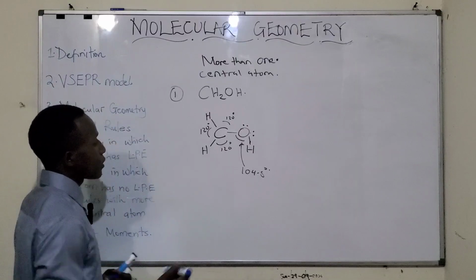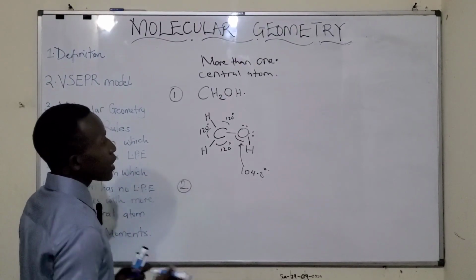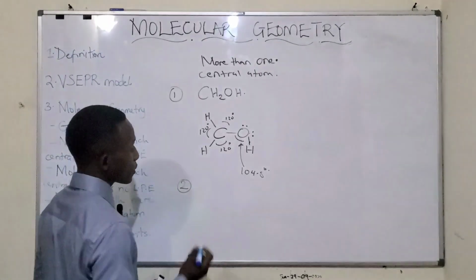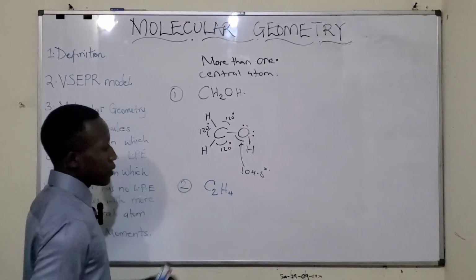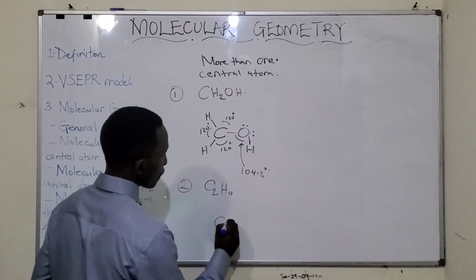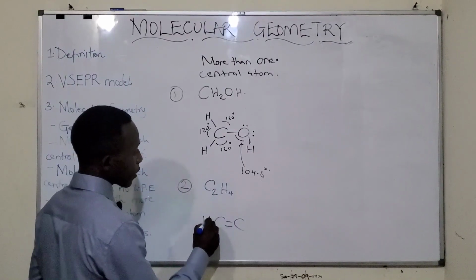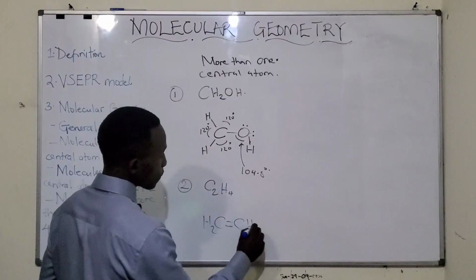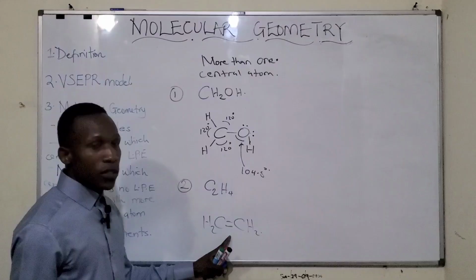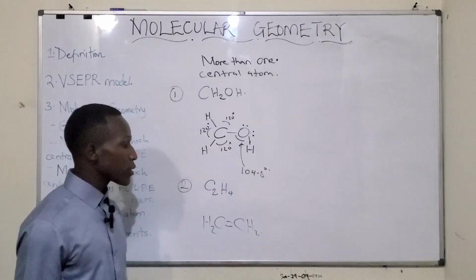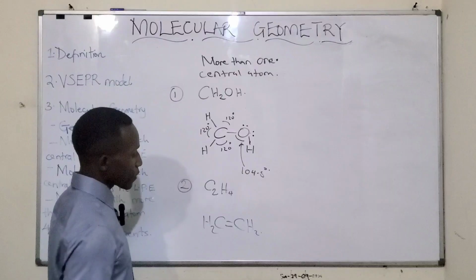Let's have another example, which is example 2. For example, if you have ethene, which is C2H4. Remember, in ethene, you have a double bond between two carbon atoms, and each carbon atom is attached to two hydrogen atoms. And we say that double bonds, either double or triple, are treated as single bonds.